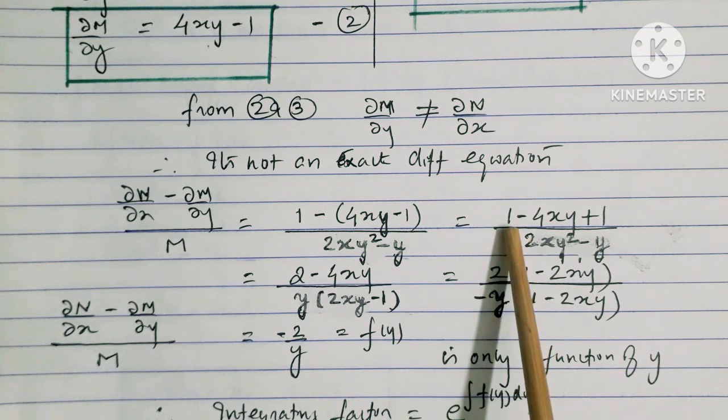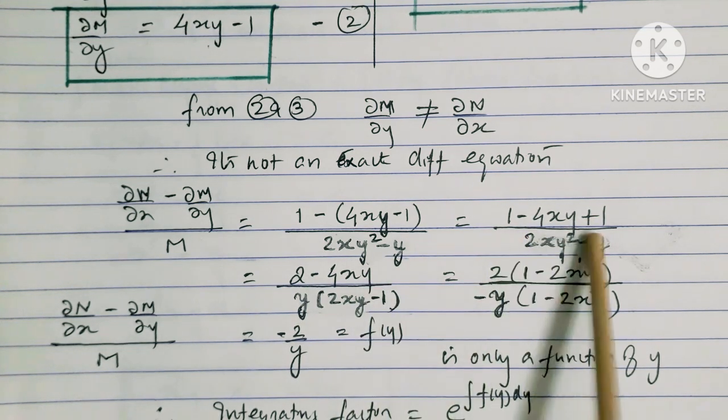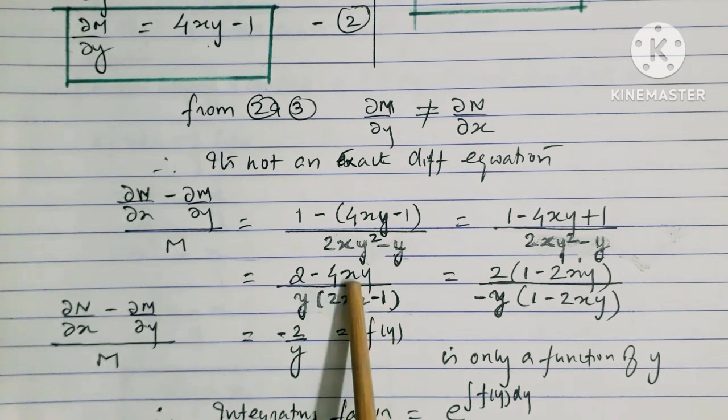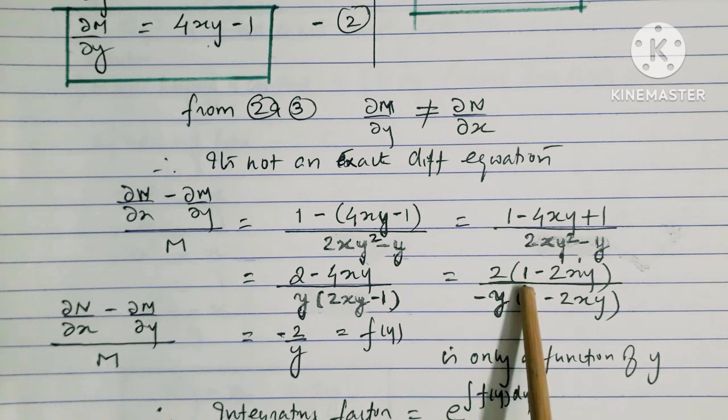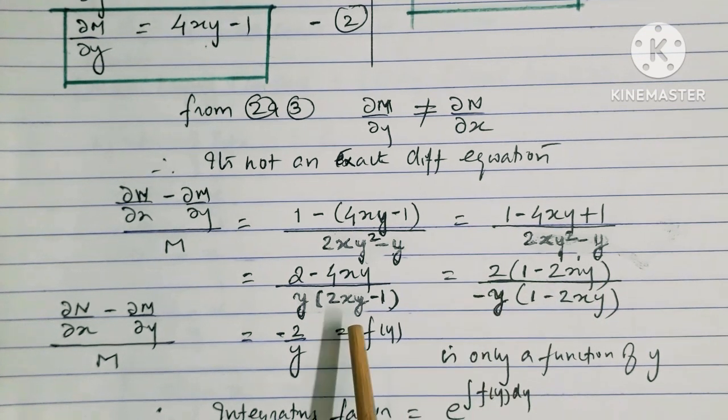Now 1 plus 1 is equal to 2, minus 4xy, upon, in the denominator we can pull the y common outside. So the denominator would be y into bracket 2xy − 1. Now in the numerator we can pull out the 2 common. So this would be 2 into bracket 1 − 2xy upon, and in the denominator we will reverse the order of subtraction.